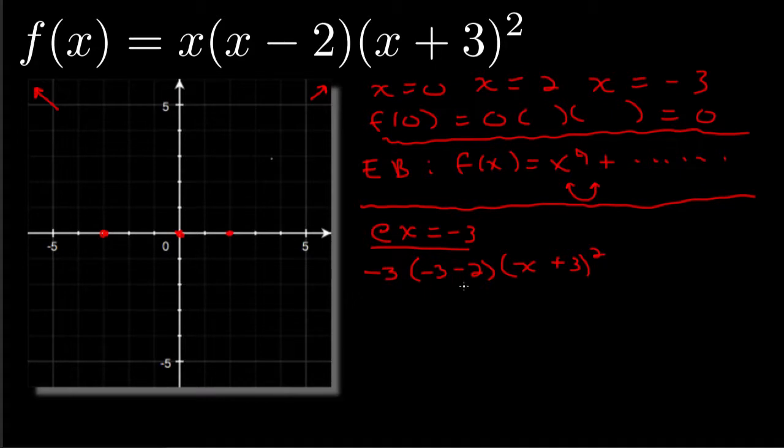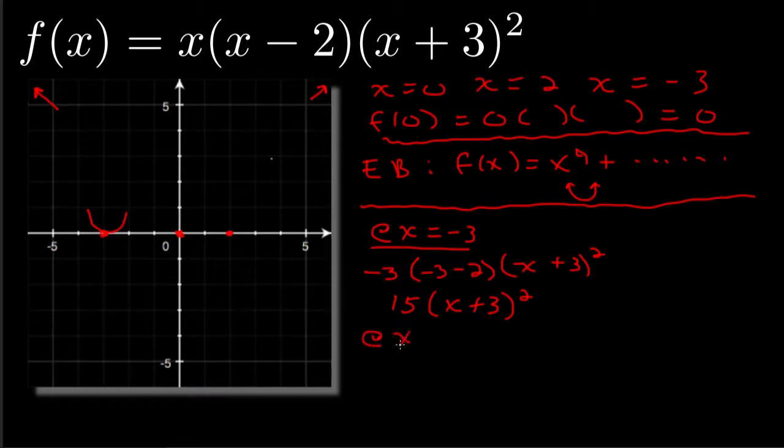Simplifying, negative 3 times negative 5 is a positive 15, and this time I have a positive 15 times x plus 3 squared. X squared is a parabola, or a quadratic, so I know that I've got a positive quadratic, which is U-shaped, opening up. So at negative 3, I'm going to have a parabola-shaped root behavior.